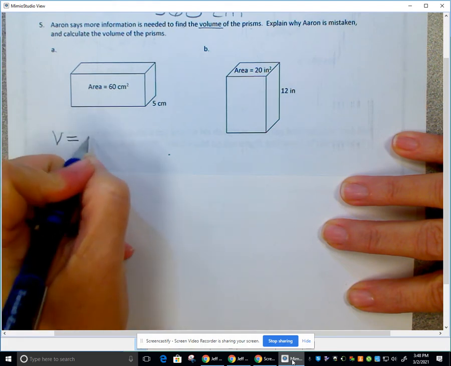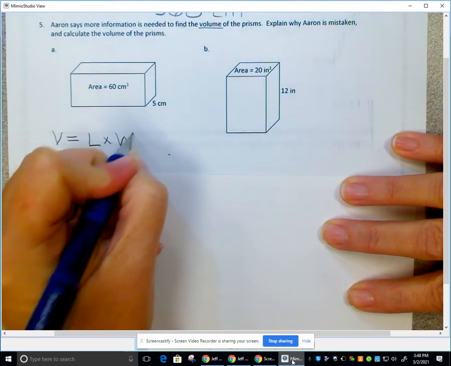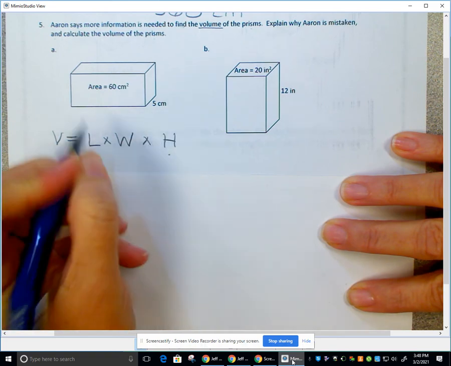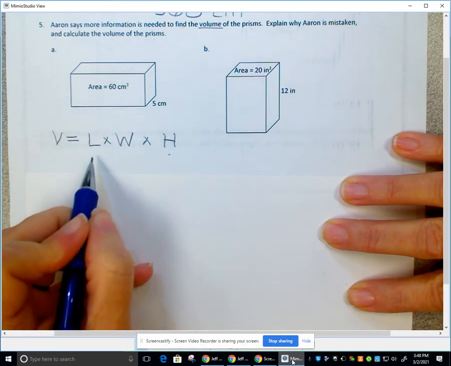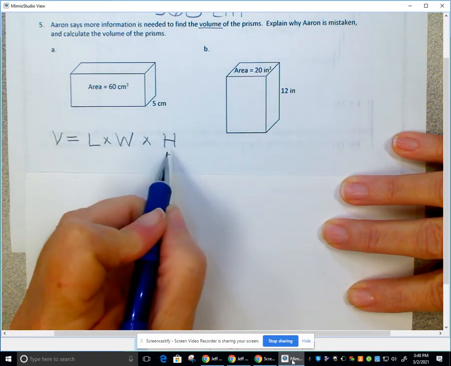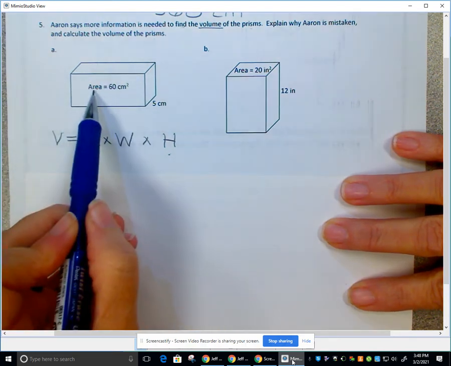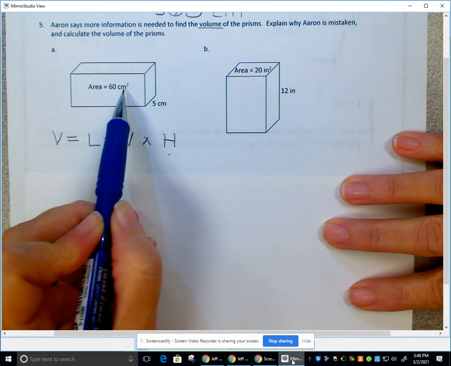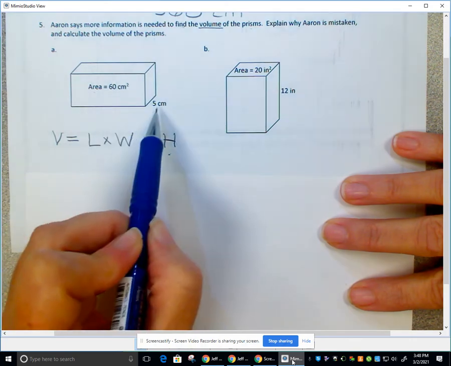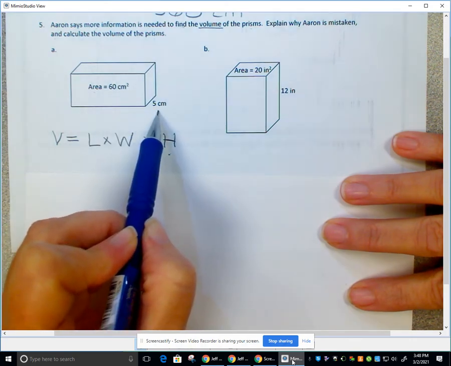So volume equals length times width times height. Now, if we look at this, we don't see a length and a width and a height up here like we've been seeing. We see area equals 60 square centimeters. And then we see this 5 centimeters.